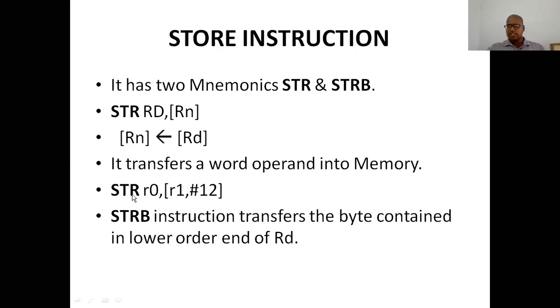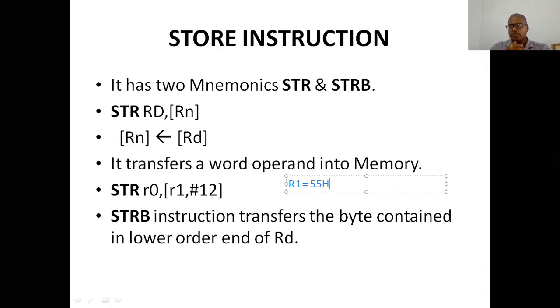See here, this is one example: STR R0, [R1, #12]. Consider R1 is equal to 55h. The hash means it is an immediate value that needs to be added to the existing value.